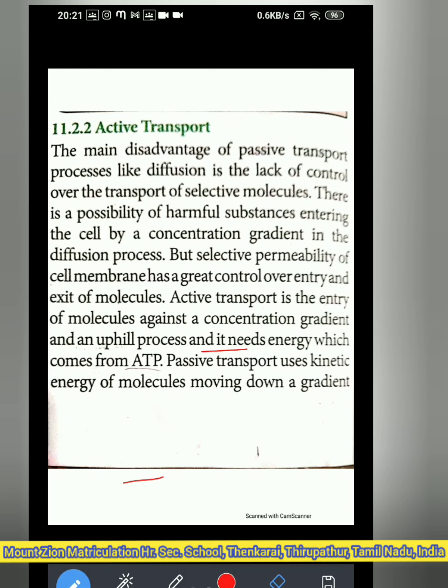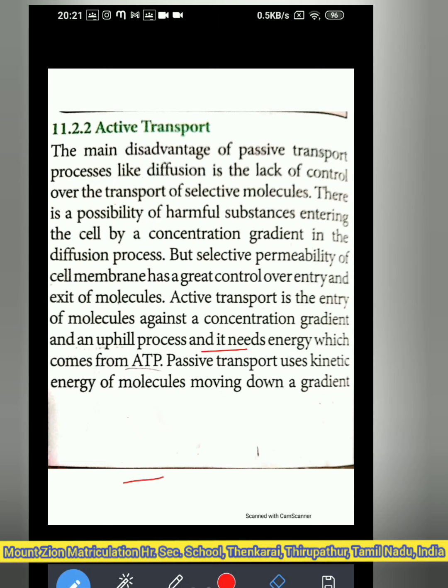There is a possibility that a harmful substance can enter the cell by a concentration gradient in the diffusion process. So a toxic substance can enter the cell and really damage and burst it. But the selective permeability of the cell membrane has great control. It allows only certain selected molecules inside the cell, and it controls the entry and exit of molecules.